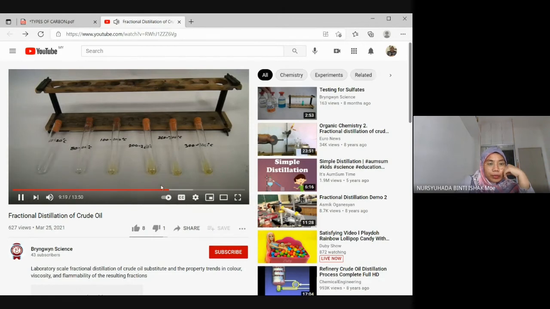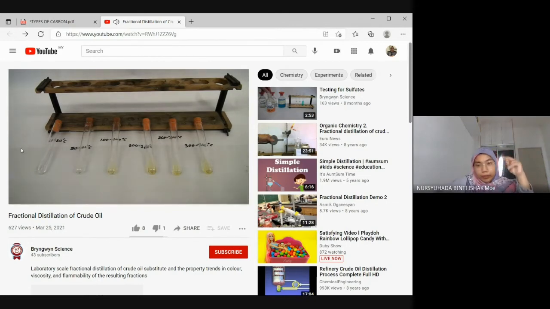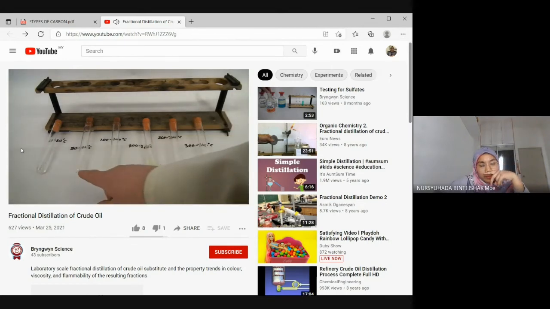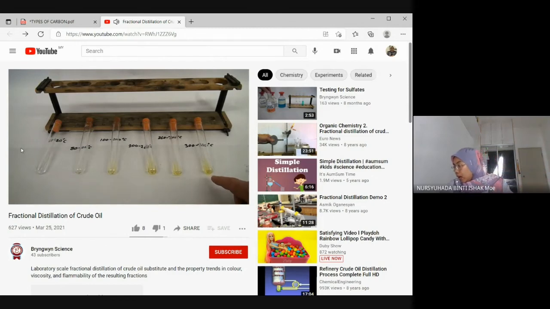First thing we can see from this is color. There is a change in color as we go up in boiling point. We start off with the low temperature ones being almost colorless, and what we collect at ever increasing temperatures is more and more yellow. So there's a change in color, gradation in color.